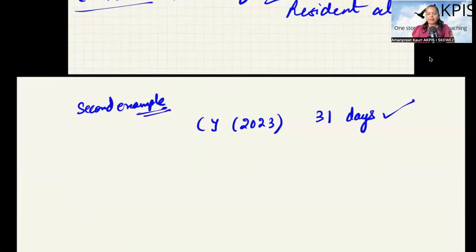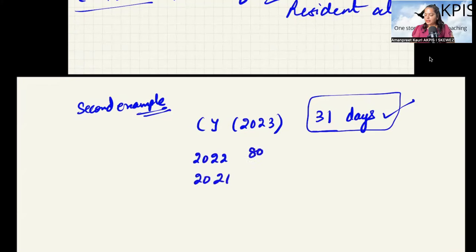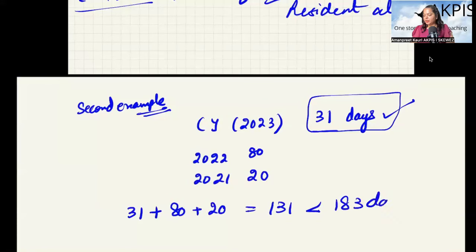If it had been less than 31 days, then straight away non-resident. But since he is there for at least 31 days, condition number 2 needs to be checked. Let's take 2022 and 2021: he's here for 80 days and for 20 days. If we add current year plus 2 previous years, it is 131 days, which is less than 183 days. So is this person a resident or a non-resident?